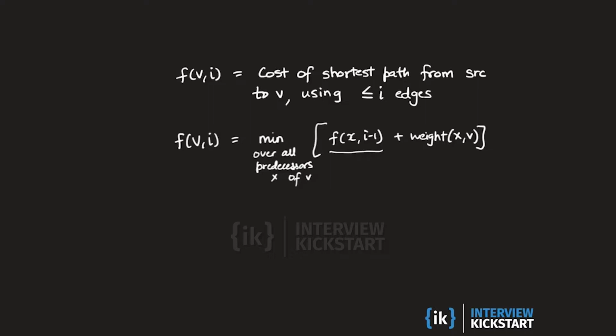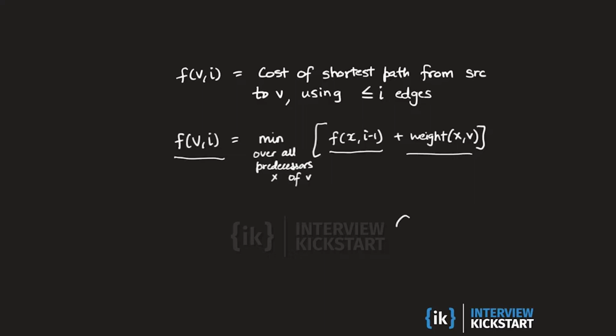This is the shortest path cost from the source to that predecessor using less than or equal to I minus 1 edges, and to that we add the weight of the edge from x to v. That is the final edge along that path, and if we take the minimum of the sum across all the predecessors of v, we should get the optimal value for f of v comma I.